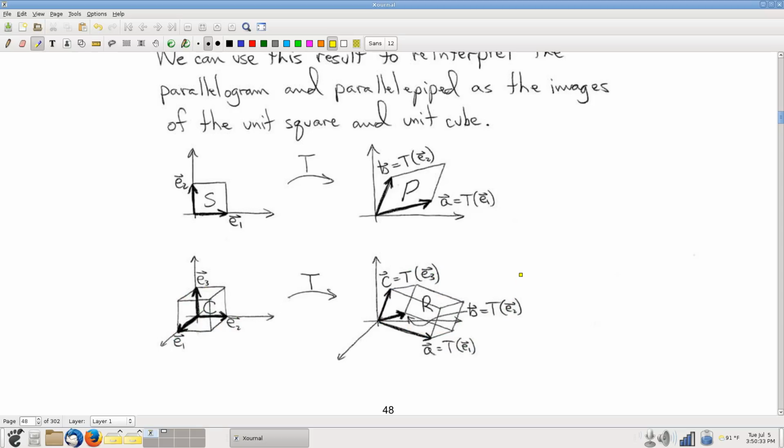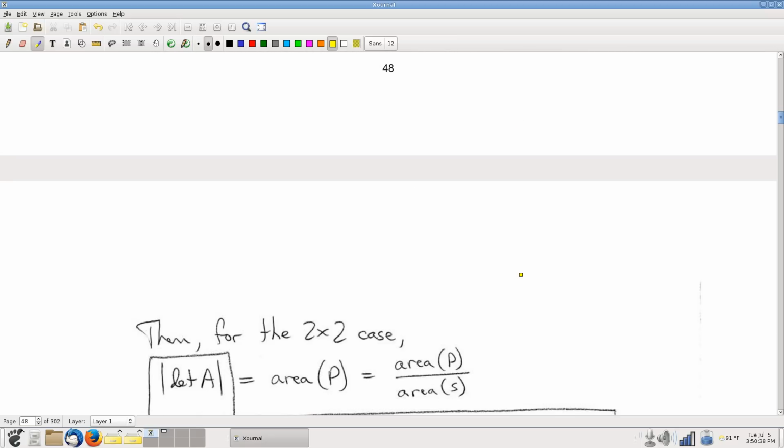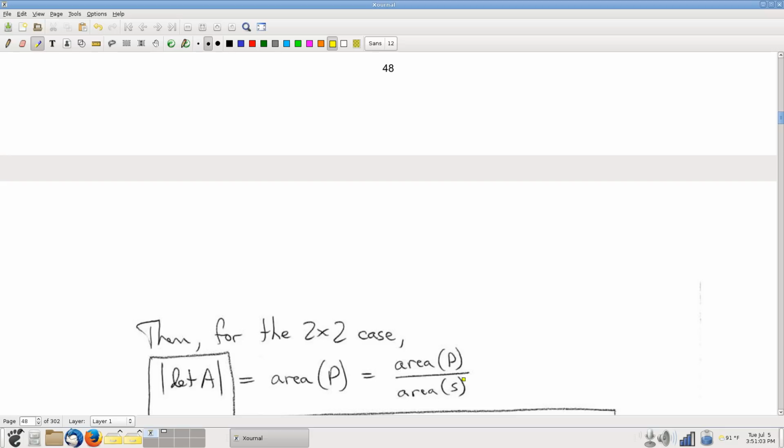All right, so now let's keep this in mind and try to make new sense out of our old formula here. Here's our old formula from Math 212, that the absolute value of the determinant of the matrix is the area of the parallelogram. Okay, sure. But don't forget, this parallelogram came from this unit square, and the unit square has area equal to 1. So if I were to, for example, divide by the area of S, I'm dividing by 1. I didn't really do anything there.